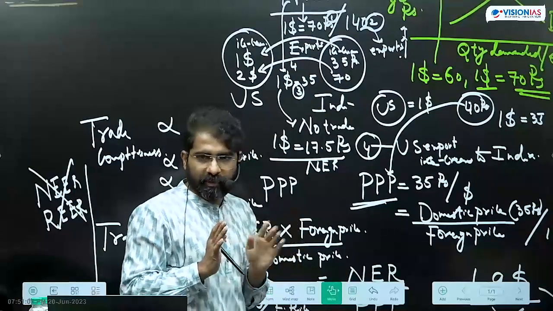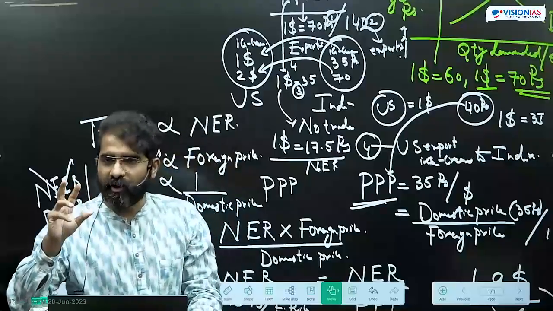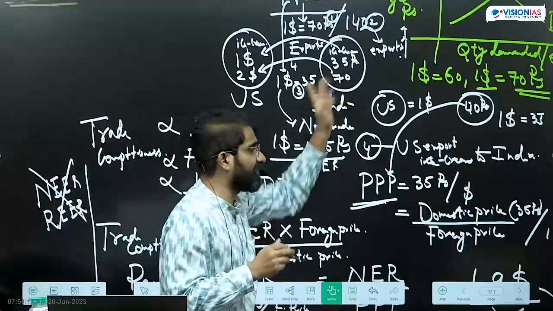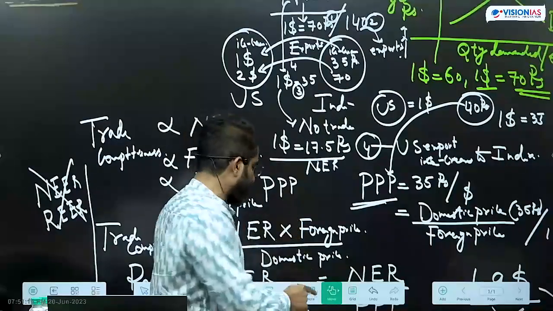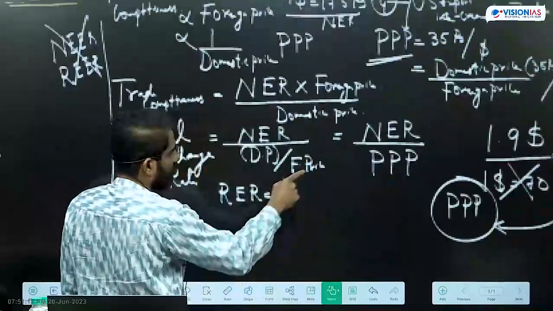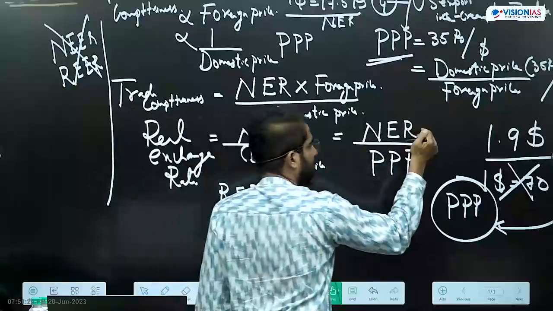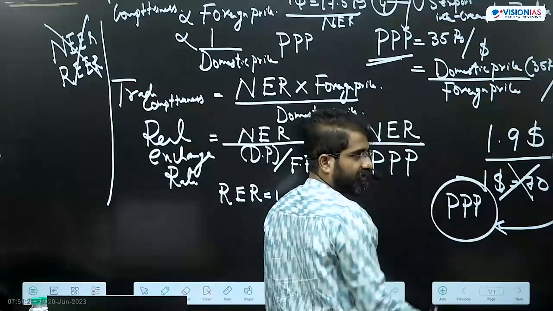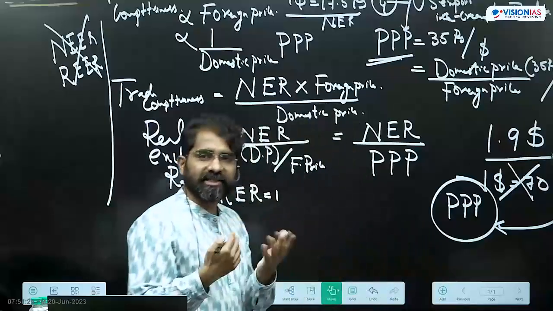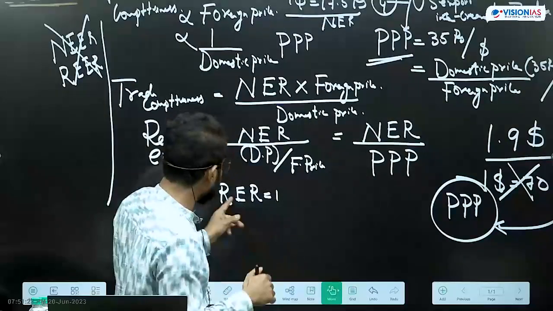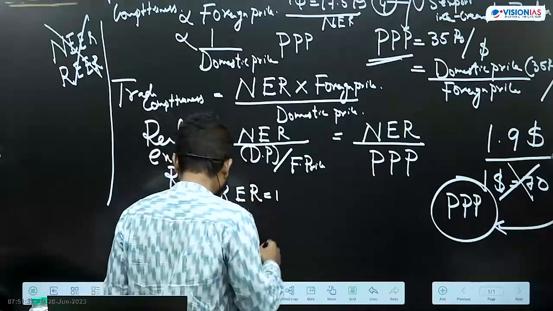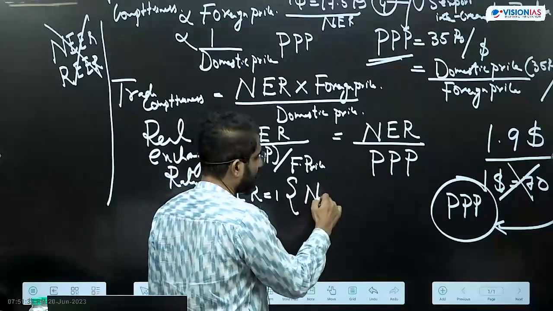Are you able to get this? $1 nominal exchange rate is 35, and ice cream is also 35 rupees. In that example, the nominal exchange rate is 35 and the PPP exchange rate is also 35. In that case, will US buy ice creams from India? No. That means when real exchange rate is equal to 1, you will not have trade.